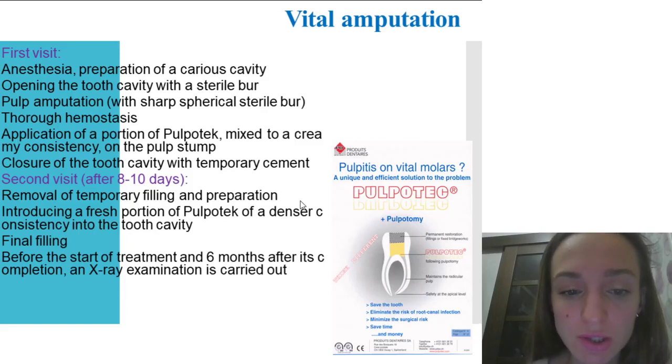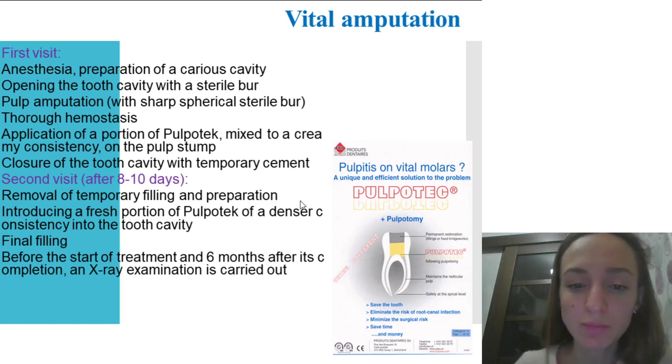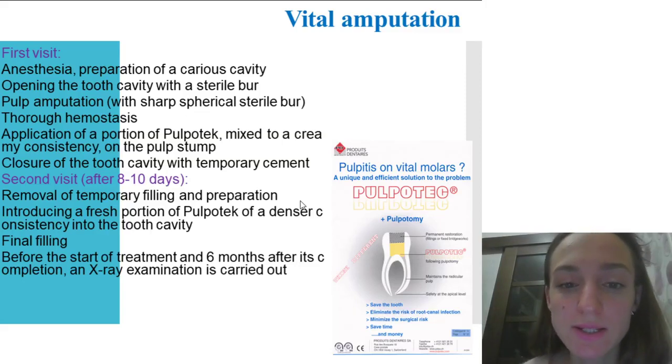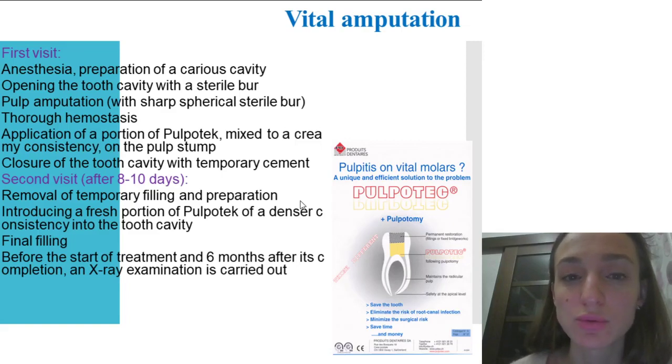Step 2, preparation. Then step 3, opening of the pulp chamber with sterile fissure or spherical burs. The carious cavity should be regularly irrigated with a warm solution of a non-irritating antibacterial preparation. The coronal pulp is removed with a sharp excavator.